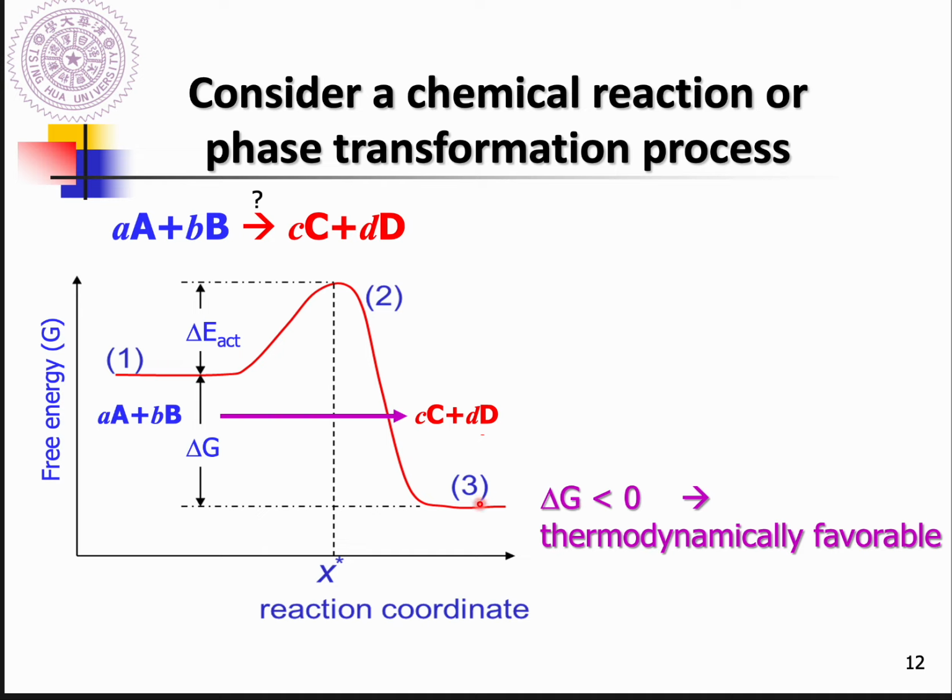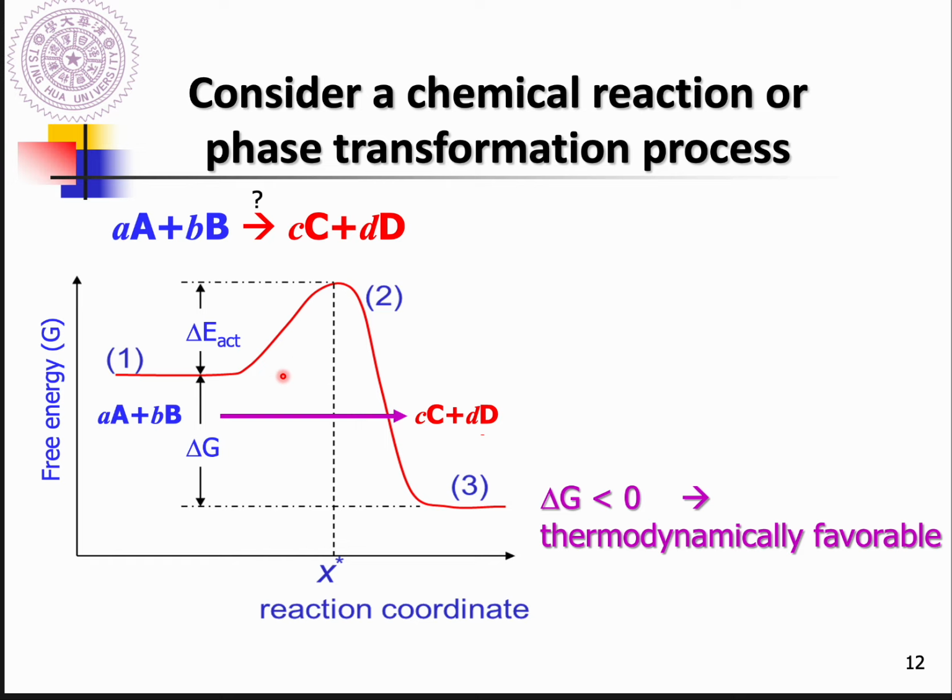But thermodynamics only tells you, yes, this chemical equation will go to the right-hand side. One very important thing it doesn't tell you is how fast or how slow the rate of this chemical reaction is. So that part will be involved.